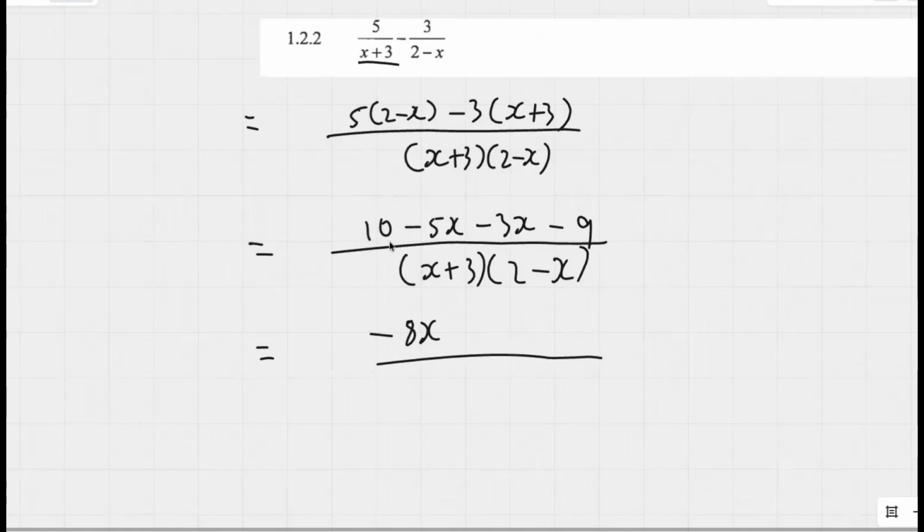And then we look at our numbers. We have 10 minus 9, and it's a positive 1. Negative 8x plus 1. And in the denominator, we now have x plus 3, 2 minus x. And that's our final answer.